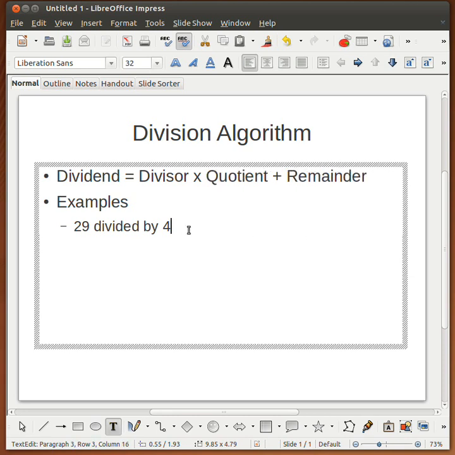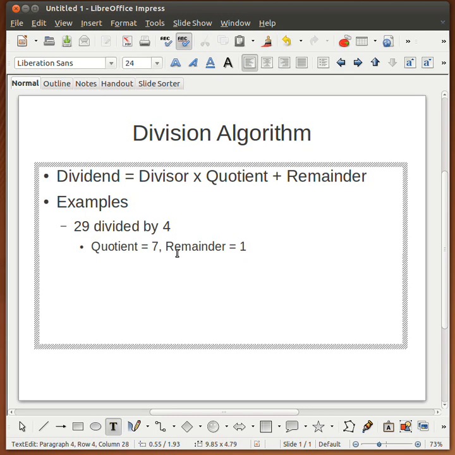So what is the quotient in this case? 4 goes in 29 how many times? 4 times 7 is 28. So the quotient would be equal to 7. And what would be the remainder? 7 times 4 was 28, and you have 29 here, so the remainder would be equal to 1.